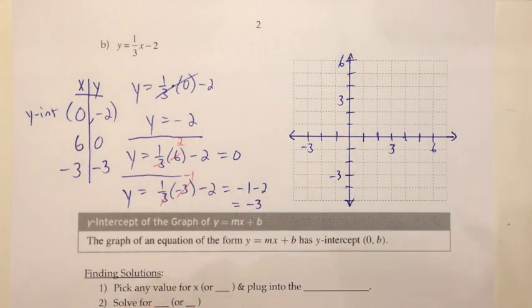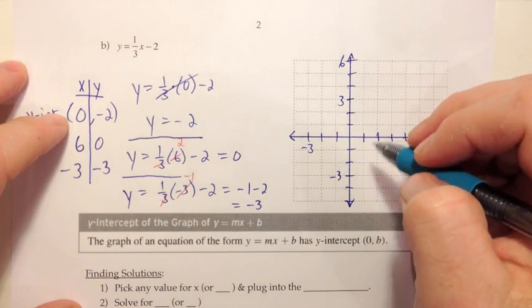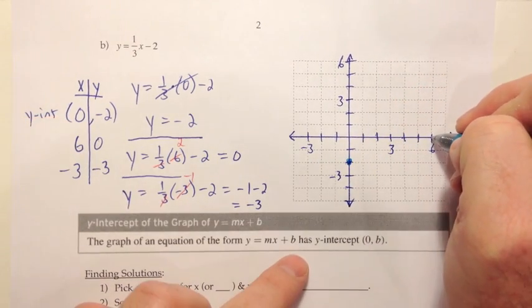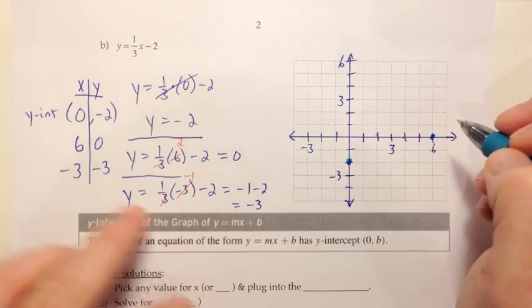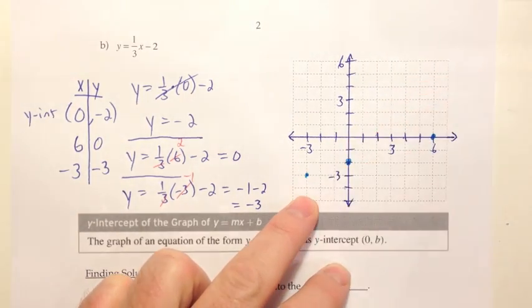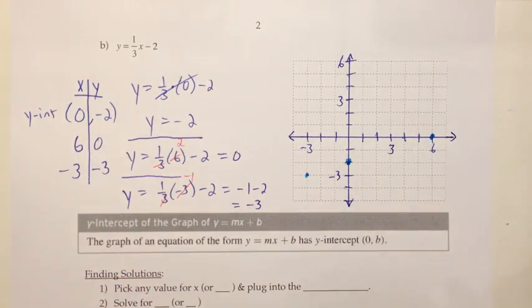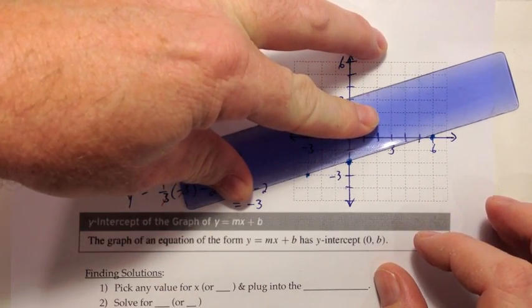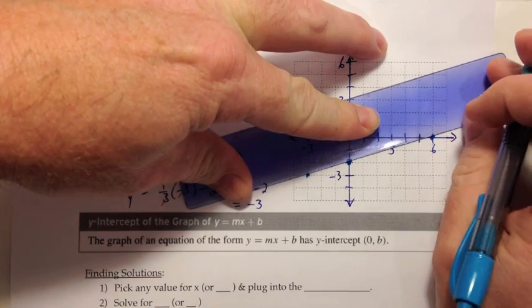And then start plugging in those ordered pairs onto the graph: over 0, down 2, over 6, up 0, and then hopefully the third one will line up: left 3 and down 3. And does it line up? Yes, it does. Bring in our ruler then and connect those with a straight line.